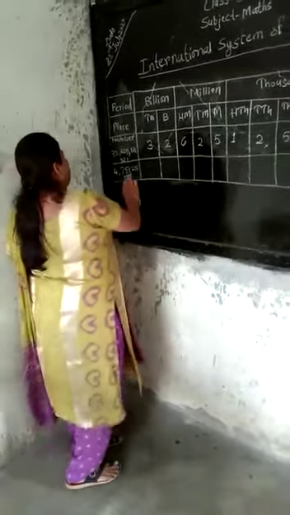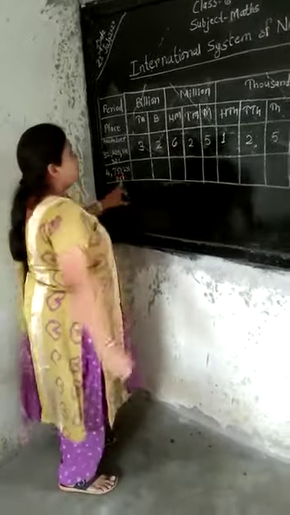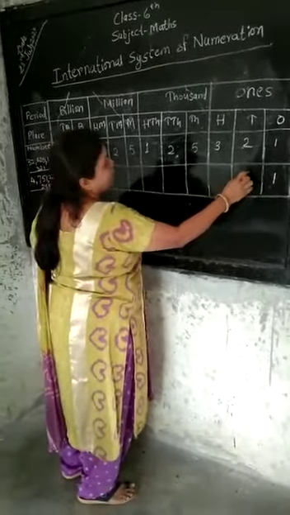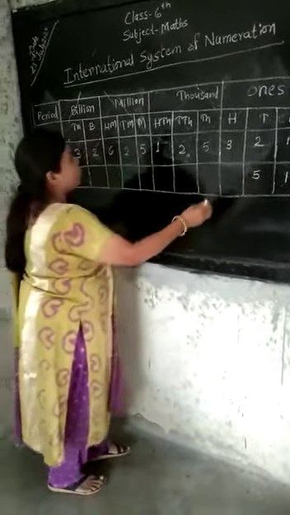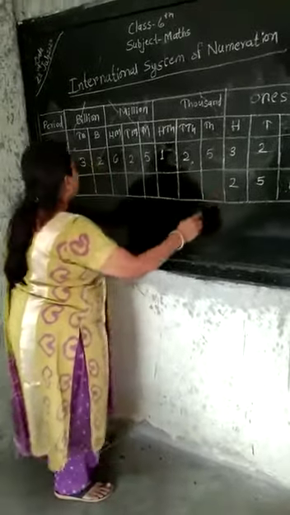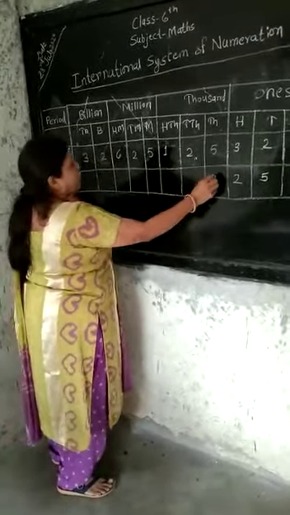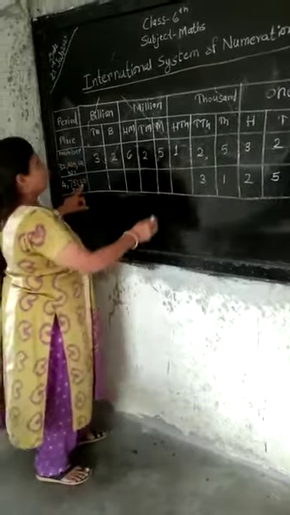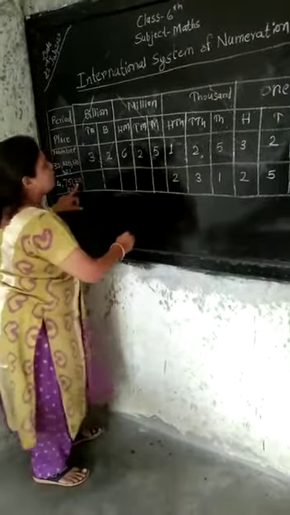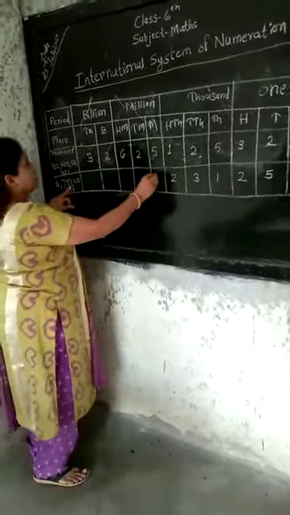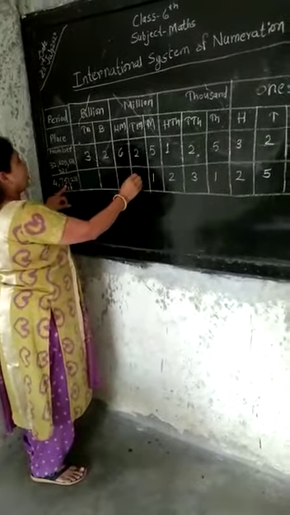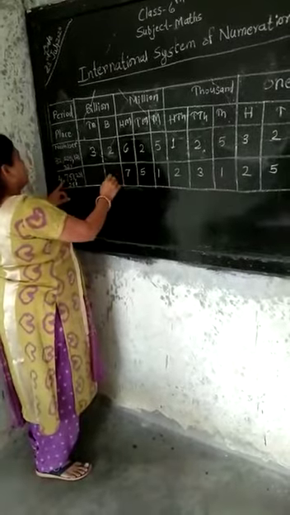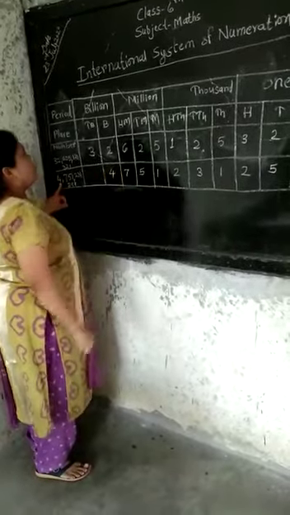We have to write 1 in the ones place, 5 in the tens place, 2 in the hundred place, 1 in the thousand place, 3 in the 10,000 place, 2 in the 100,000 place, 1 in the million place, 5 in the 10 million, 7 in the 100 million and 4 in the billion place.